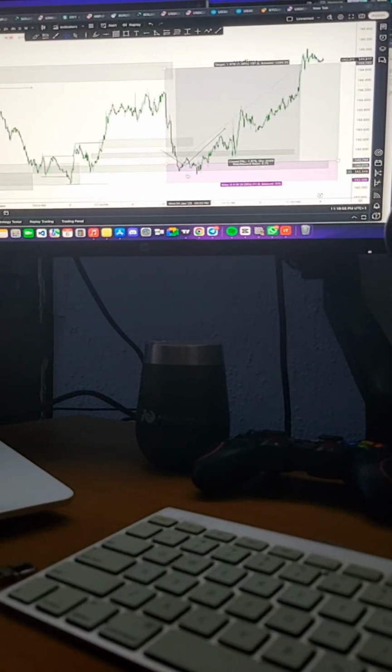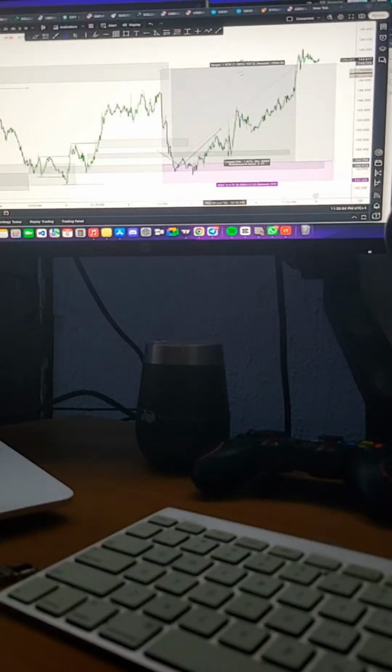And price did exactly the same thing. Price got my POI, and reacted from there, and we just smashed take profit on this trade. Very sweet setup. In fact, one of my students actually passed his phase one profit account on this particular setup.